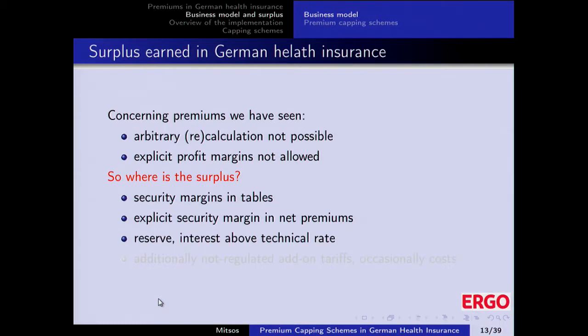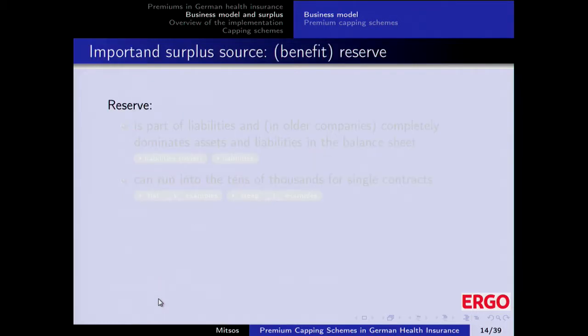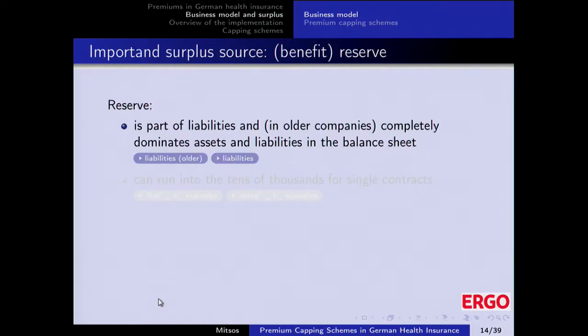We have a huge reserve, and we may earn interest above the technical interest rate. And we have some add-on tariffs, some small things that are not so heavily regulated. Some things for €3 a month do not interest the supervising authority, and they may contain profit margins or whatever.